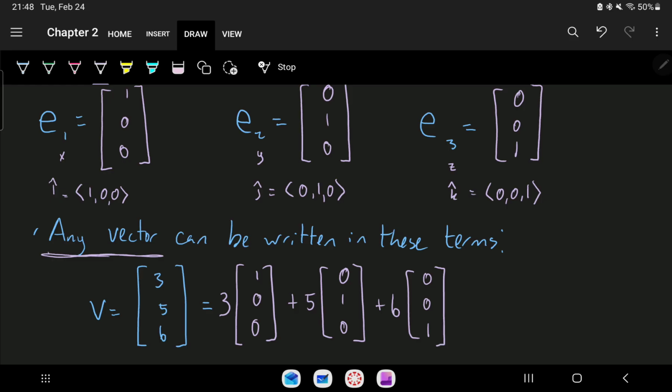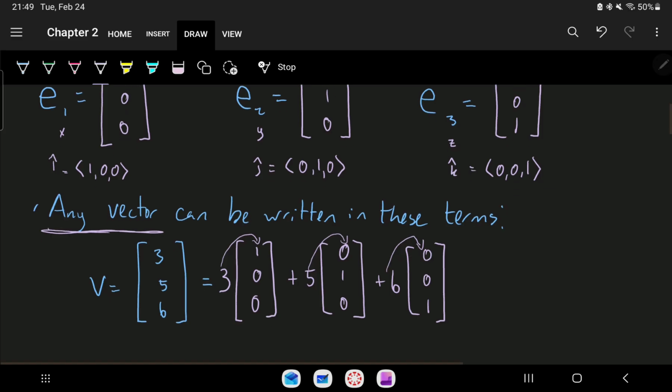And we know, based on what we've worked on in chapter 1, that the 3 here is going to distribute into each component, so that would be 3, 0, 0, and then the same with the 5, giving 0, 5, 0, and then the same with the 6, the z term would be 0, 0, 6, which all stack up since we're adding, and it's going to equal 3, 5, 6.